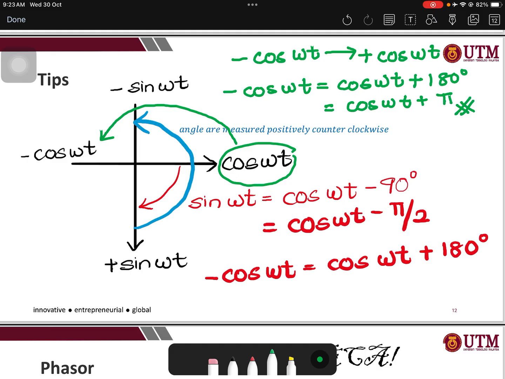But at the same time, you also can write cos omega t minus pi, because the cos omega t is leading the negative cos omega t. In the other way around, you can choose either one.